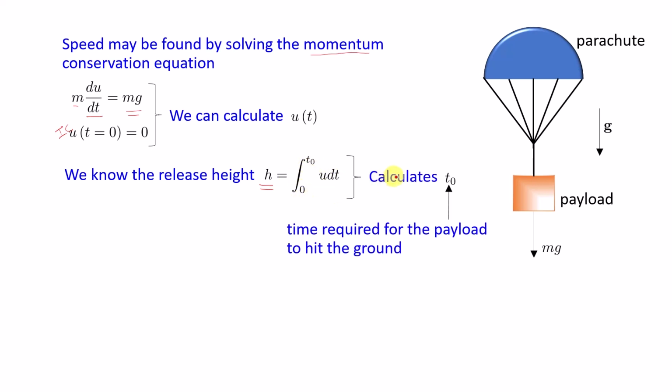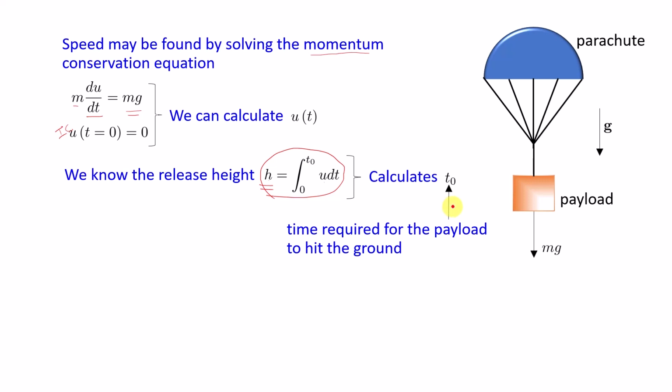So from this, we should be able to calculate t naught, because in this particular equation, you see only t naught is unknown, h is known, and u is known as a function of t from the solution of the differential equation. So from this equation, h equals integral u dt, we calculate t naught, which is the time required for the payload to hit the ground. Now that we have calculated t naught, don't forget the goal of all this exercise.